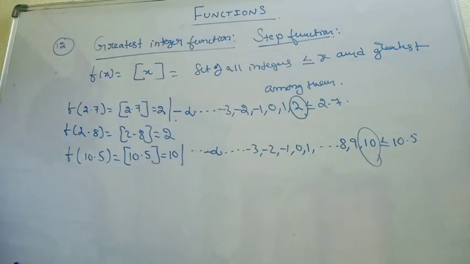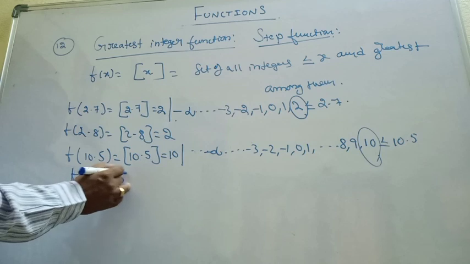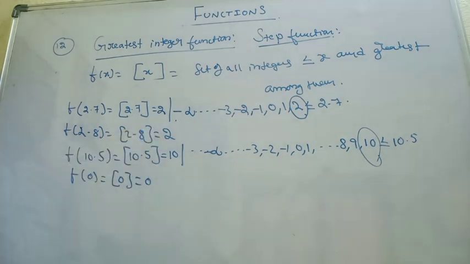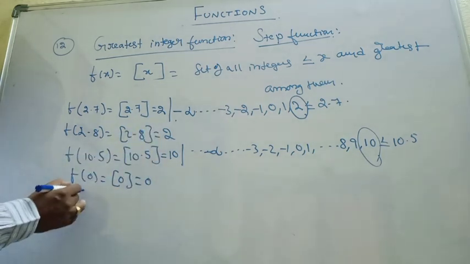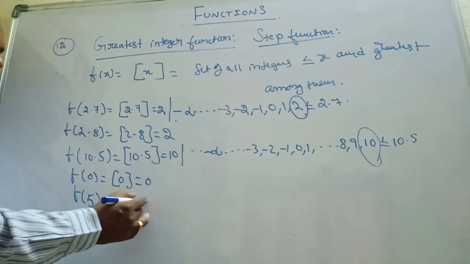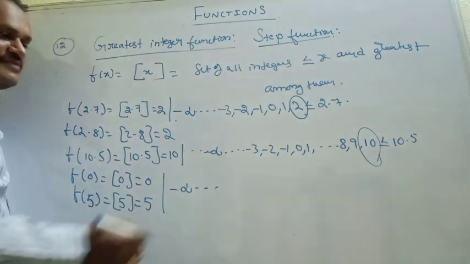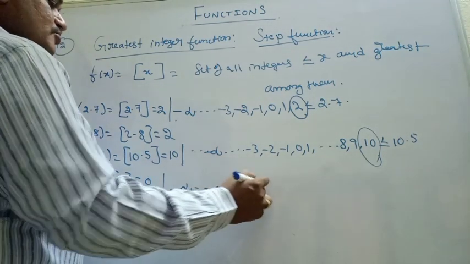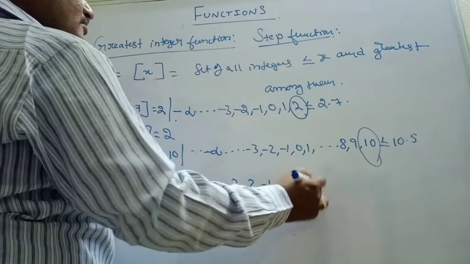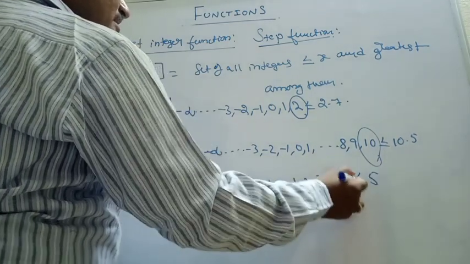That's why its value is 10. Now the greatest integer function of f(0) is 0 only. For any integer, even f(5), the greatest integer function of 5 is 5 only, because among all integers lesser than or equal to 5, the greatest is 5 itself.